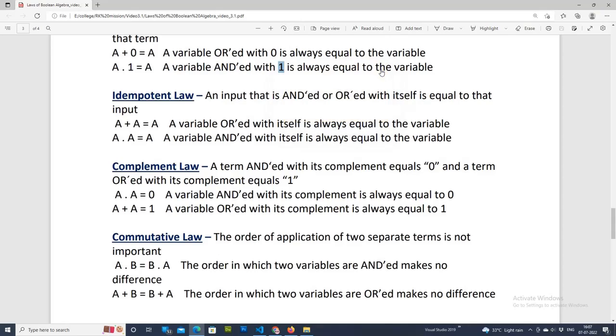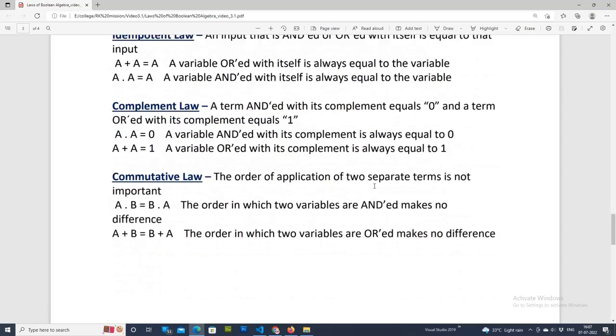Besides that we don't have any other variable. So always two inputs: 1 plus 1 equal to 1, 1 plus 0 equal to 1, 0 plus 0 equal to 0. It's a basic concept. You have to remember that. A OR A and A AND A equal to A. A variable ANDed with itself is always equal to the variable.